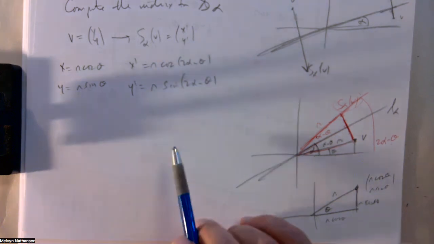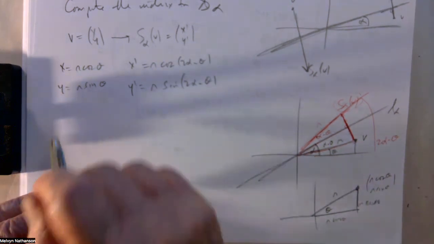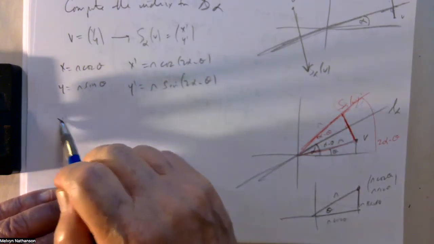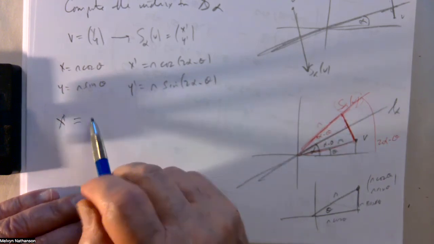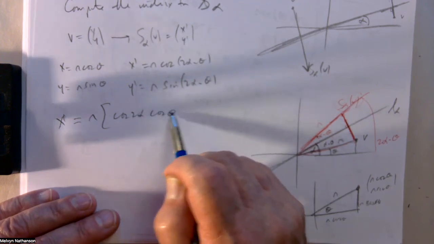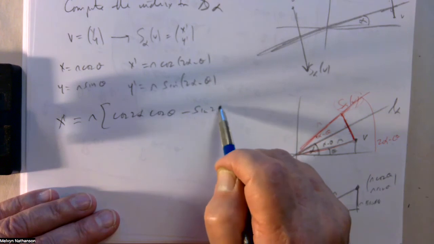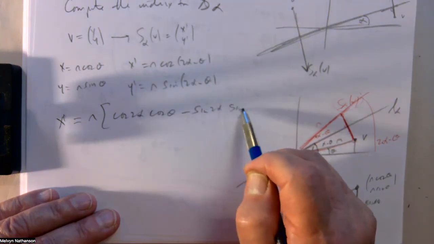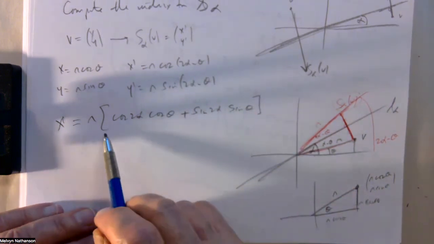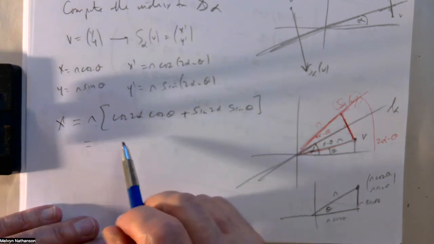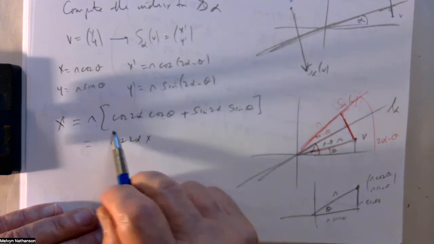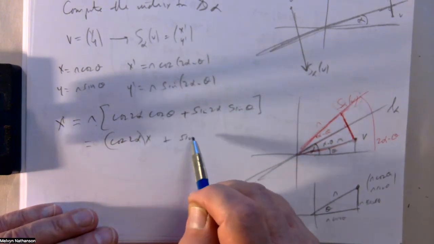Well, again, I'll use the addition formula for the cosine and the addition formula for the sine. So x prime is r times cosine 2 alpha cosine theta minus sine of 2 alpha sine of minus theta, which is plus the sine of theta. What is that? R cosine theta is x. So this is cosine 2 alpha x. R sine theta is y. So that's plus sine 2 alpha y.